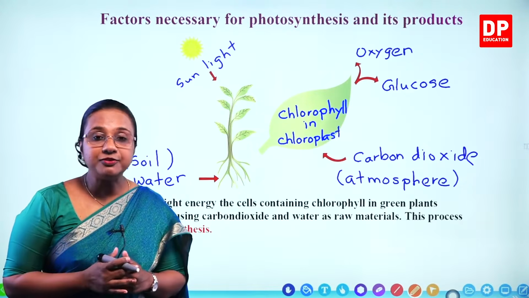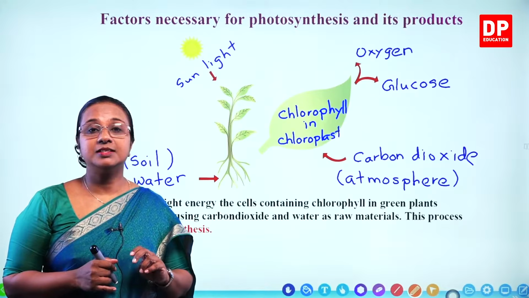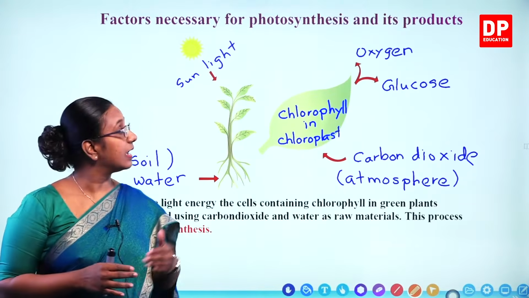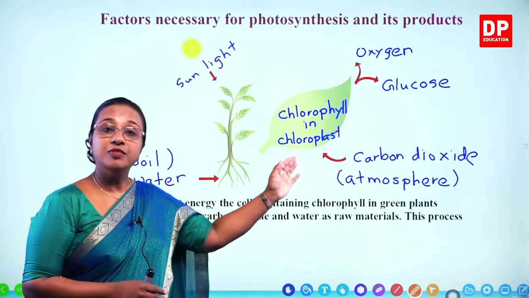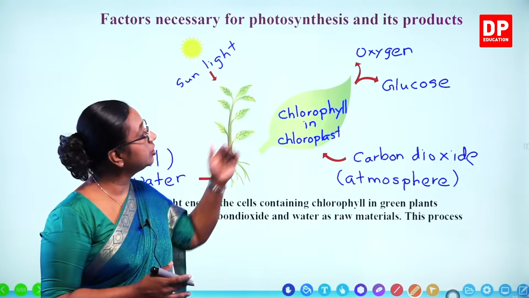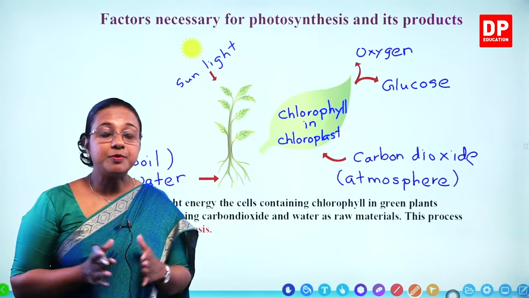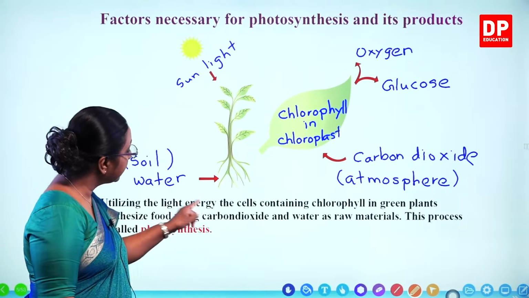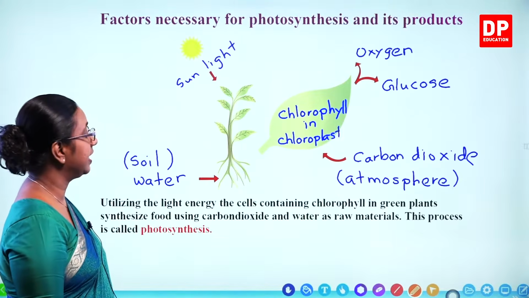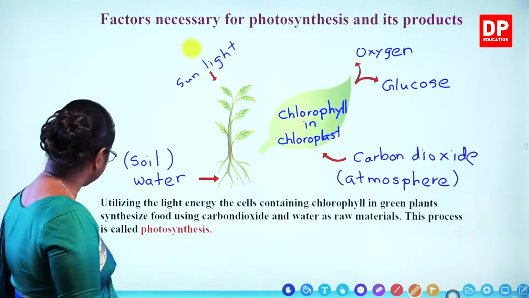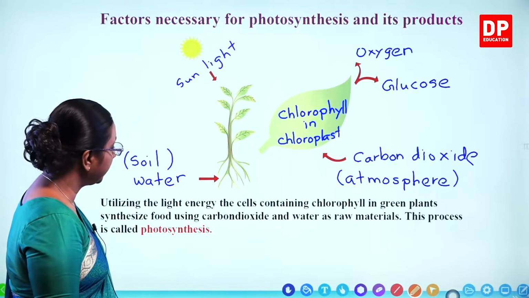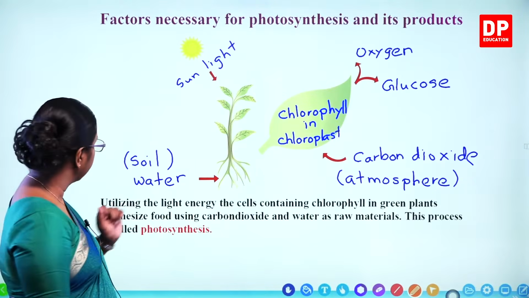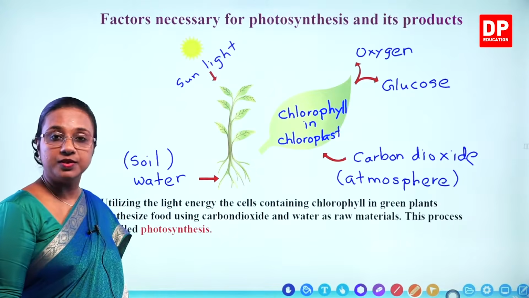So students, you have to remember the 4 factors and the raw materials, carbon dioxide and water, combine in the presence of sunlight within the chlorophyll to produce glucose and oxygen. So that process is known as photosynthesis. Utilizing the light energy, the cells containing chlorophyll in green plants synthesize food using carbon dioxide and water as raw materials. And this process is called photosynthesis.